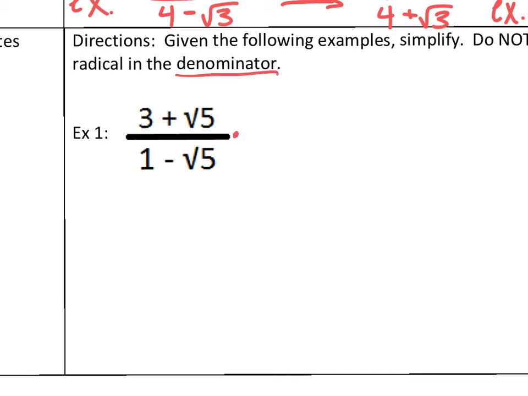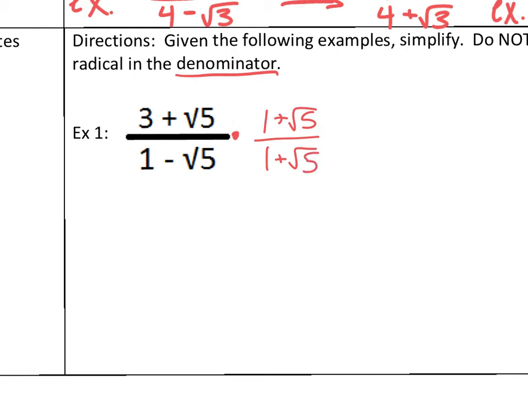That was a really good point though, Timmy. Don't ever try to use the conjugate of the numerator. Okay? Please, please, please know that it only works for the denominator, not the numerator. Where's my eraser? Okay, there we go. So we're going to multiply by 1 plus square root of 5 over 1 plus square root of 5.